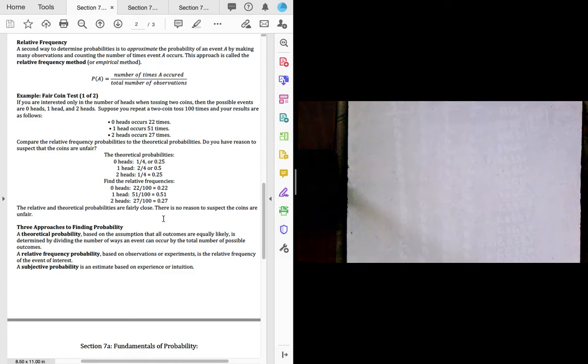So the example that we have here tells us we're interested in the number of heads when we toss 2 coins. The different events could be, well, I get no heads, I could get 1 head, or I could get 2 heads. And I just wanted to do this a bunch of times. So it looks like I repeated this 2 coin toss 100 times, and here are the results.